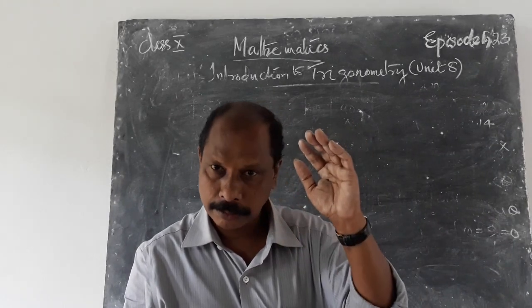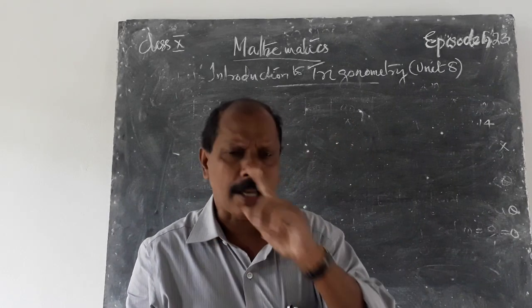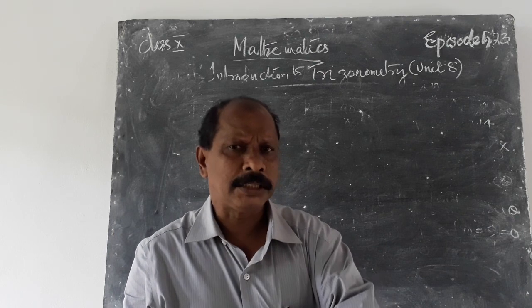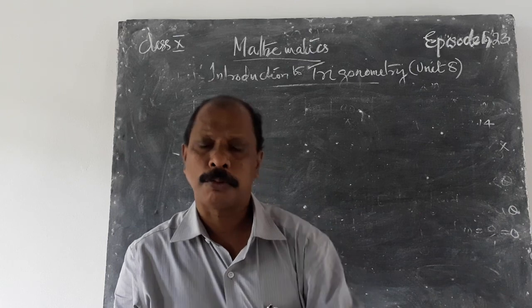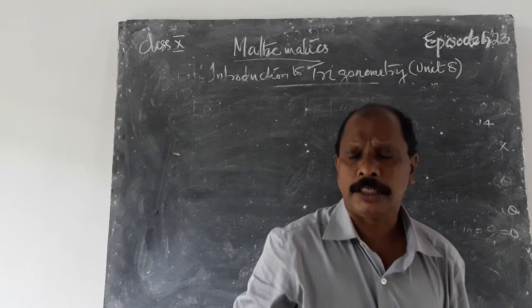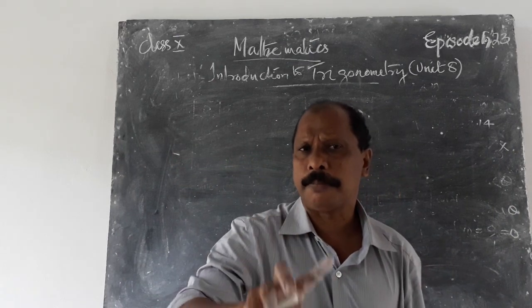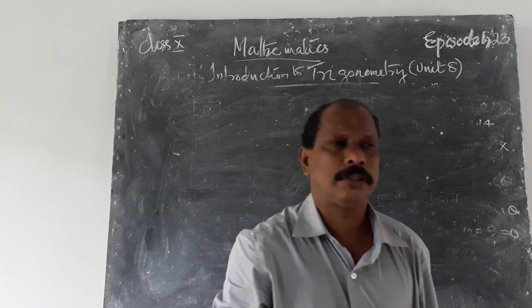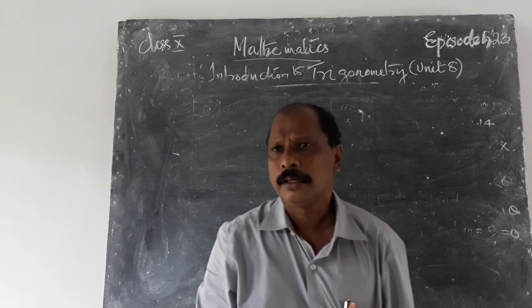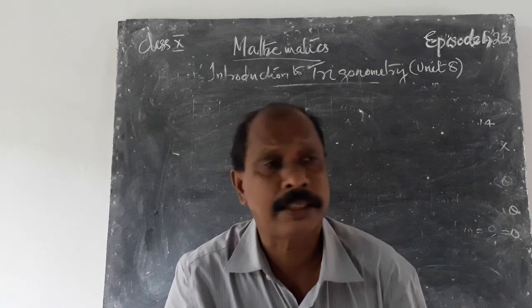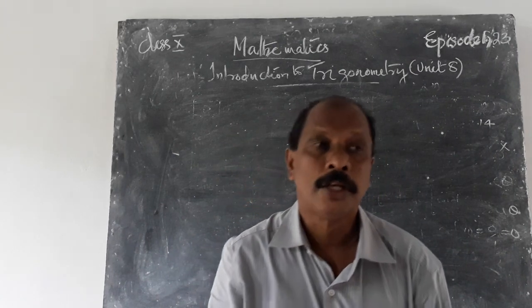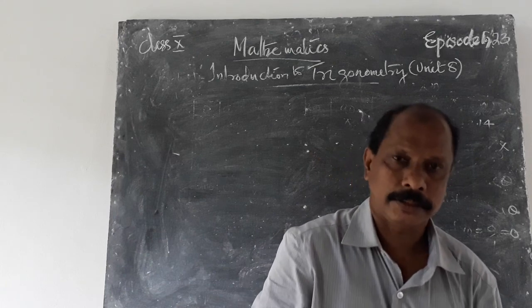The angle at B is 90 degrees. Therefore, BC is base, AB is altitude, and AC is the longest, which is hypotenuse. Therefore, the Pythagorean relation is BC square plus AB square is equal to AC square. Clear? If two sides are given, we can find out the third side using the Pythagorean relation.